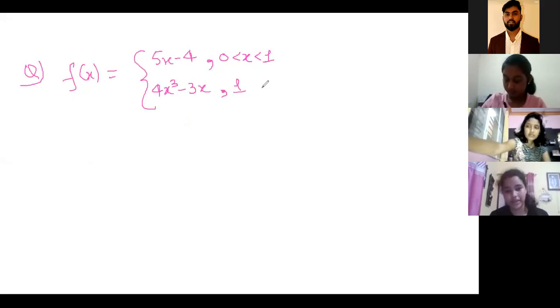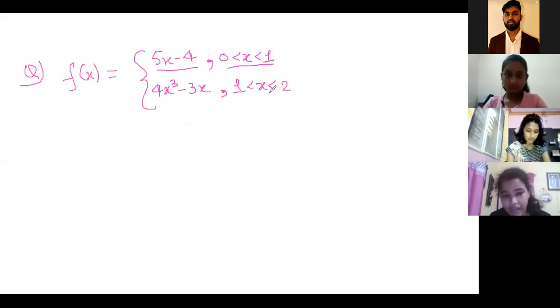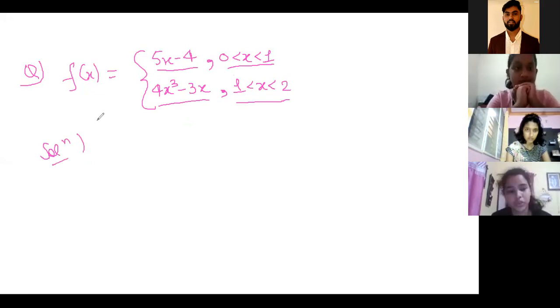Now what does it mean? We are given a condition that in this particular case, the value of the function is this, and in this particular case, when the value of x lies between 1 and 2, then the value of the function will be this. So how are we going to solve it? And the question says: discuss the continuity of the function at x is equal to 1.